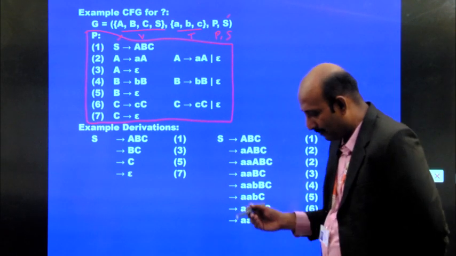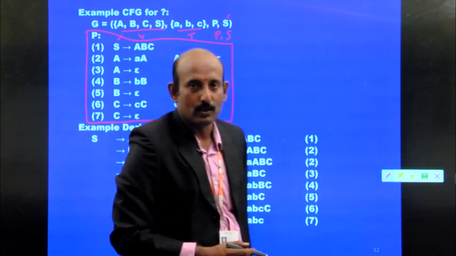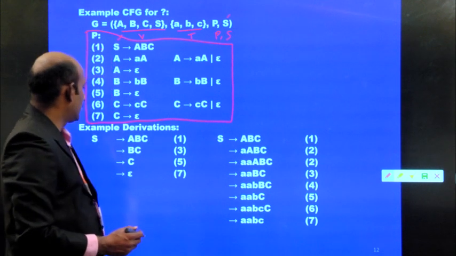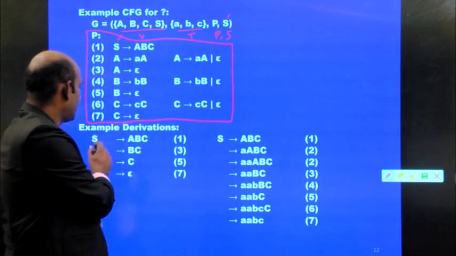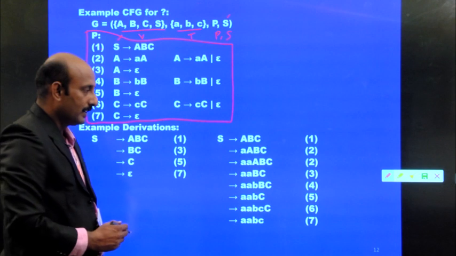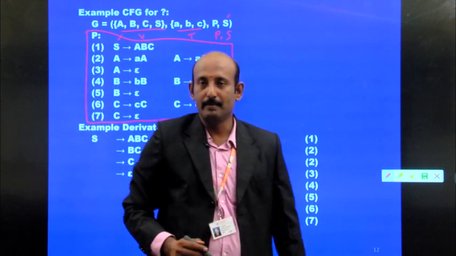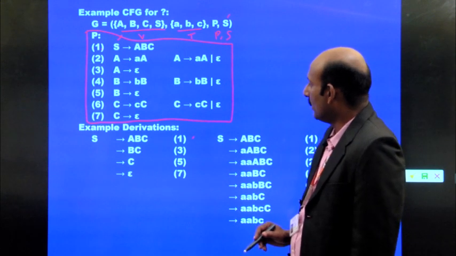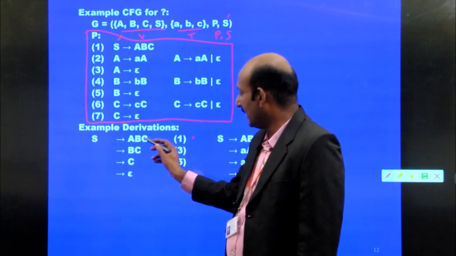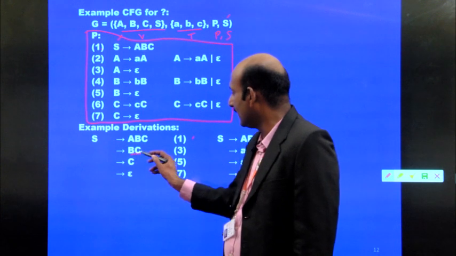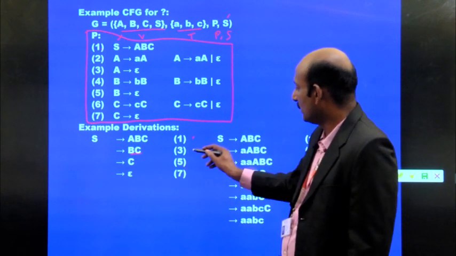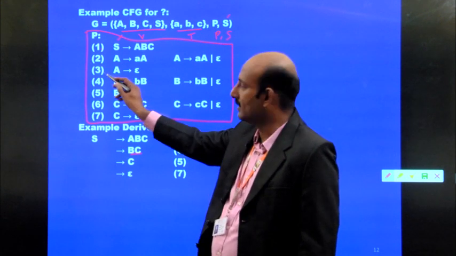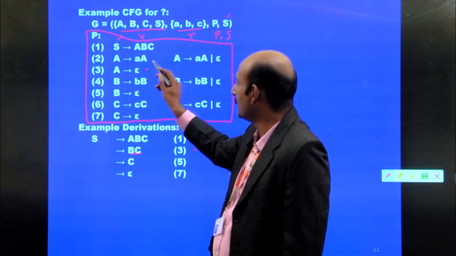Now, we can go for the derivations, replacing step by step. The first production is S implies ABC. Now, this ABC can be reduced into BC because of production 3, A gives epsilon.